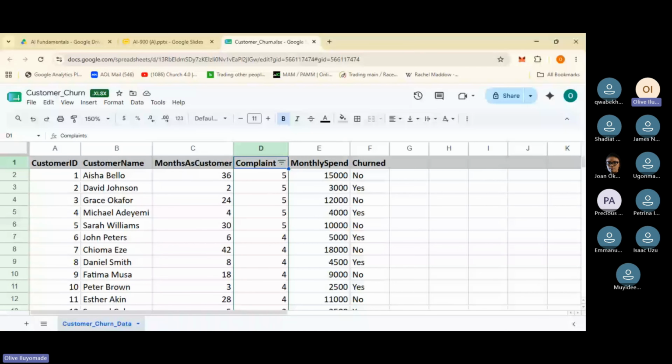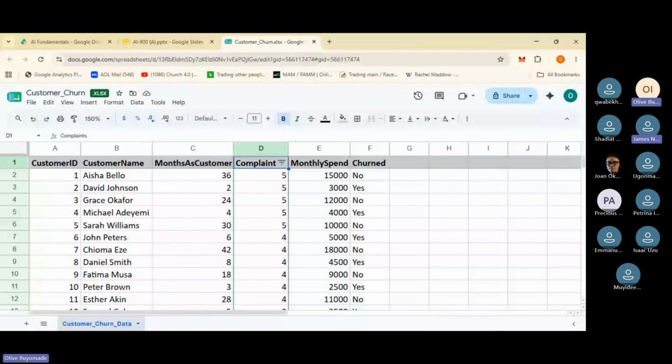Yes, beautiful. Even though I wanted you to mention a scenario, but you used him, that's fine. So I wanted a scenario like, a customer who has stayed for a short time, and has high complaints, and little spend, is most likely to churn. I just wanted you to mention that scenario because obviously that's the pattern that the AI is looking out for.